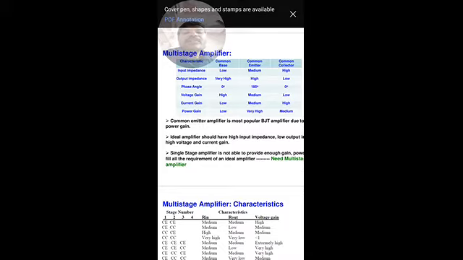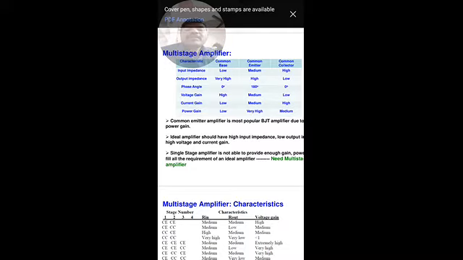So according to the characteristics required, we are going to use these three amplifier configurations as individual stages in a multi-stage amplifier. So let us once again now see the characteristics of these three types of transistor amplifiers: common base amplifier, common emitter amplifier, and common collector amplifier.